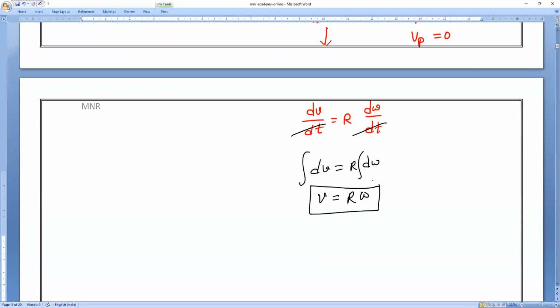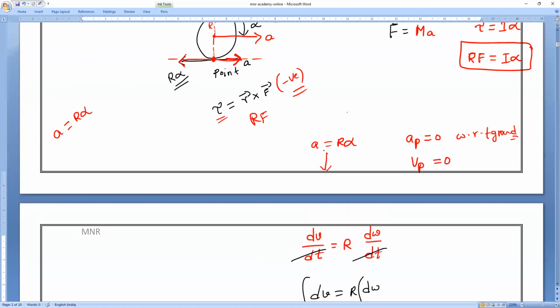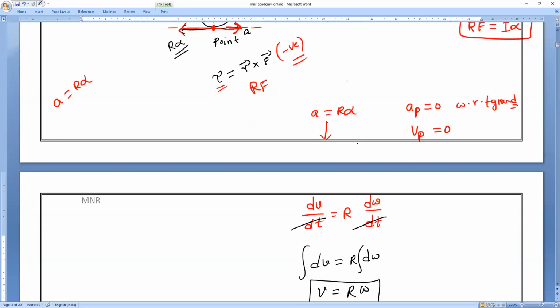So we know that r is equal to... In this case, keep it in mind, when a is equal to r alpha, at this time there is no relative motion between P and the ground, at the point of contact.